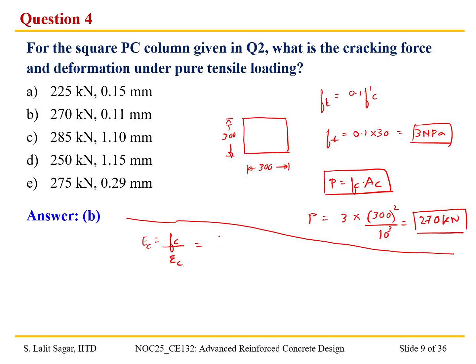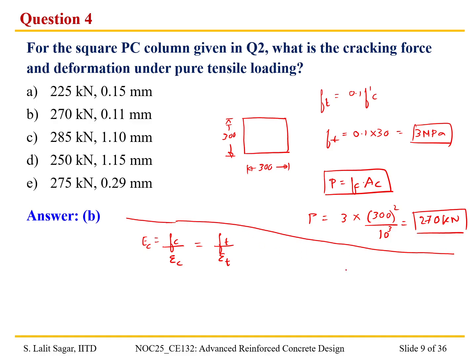Similarly, for tension, we have Ft by epsilon t. We know the value of Ft, that is 3 MPa, and we need to determine epsilon t, and we can somehow find out the value of modulus of elasticity of concrete.